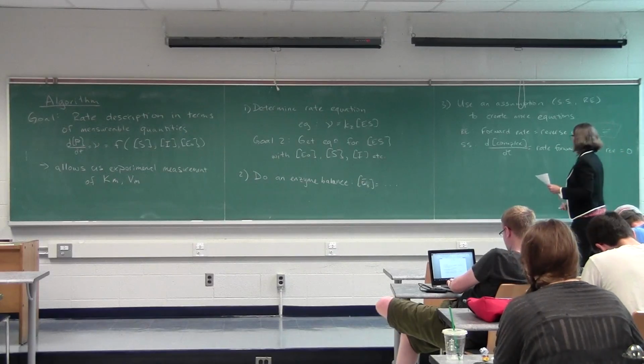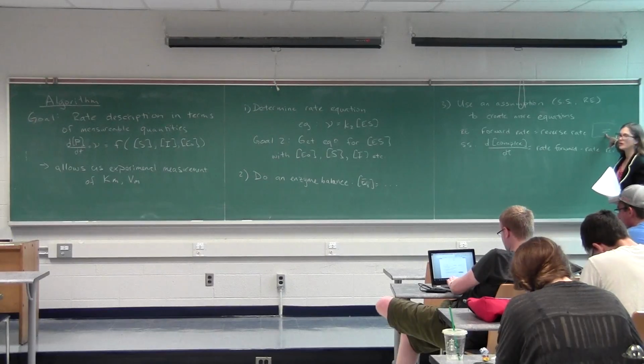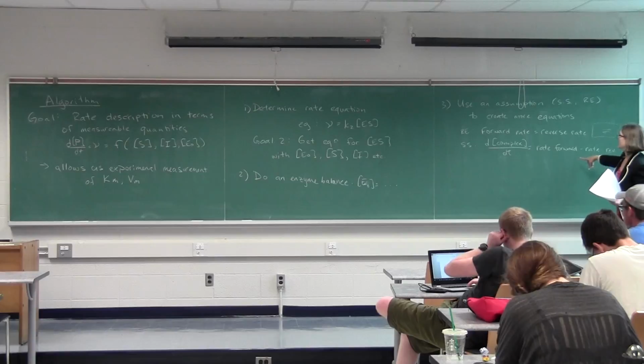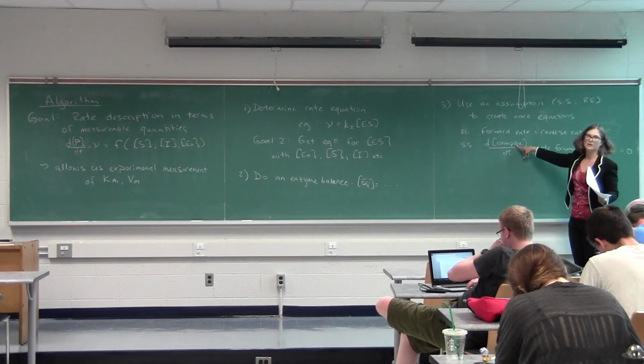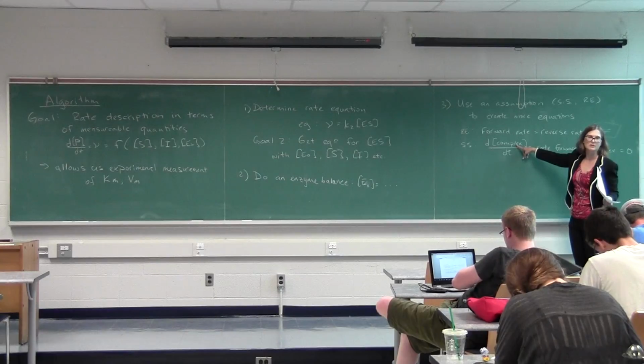So there, instead of here, for the rapid equilibrium, we're focusing on what's happening at the arrows. For the steady state, we're focusing on how the complex is formed and lost.